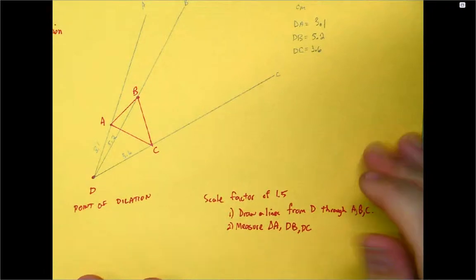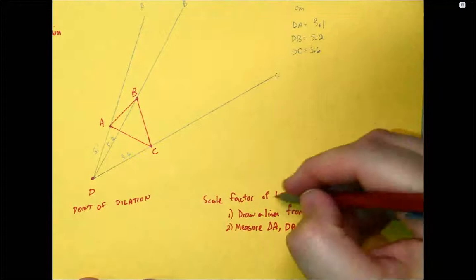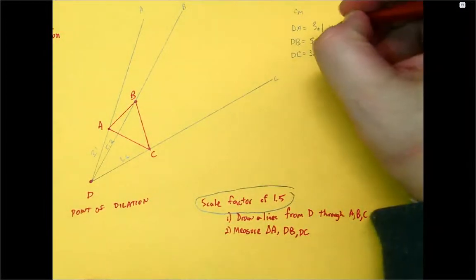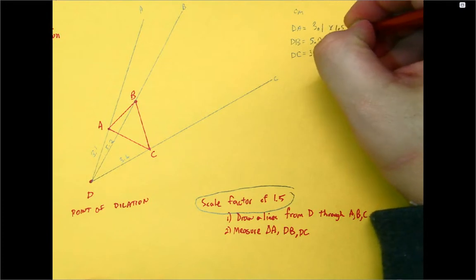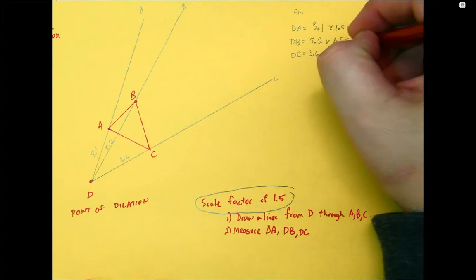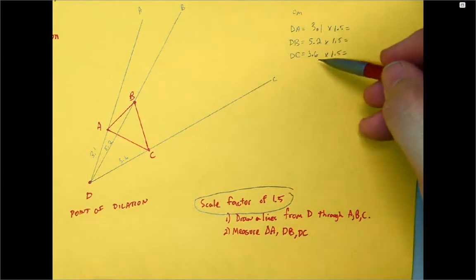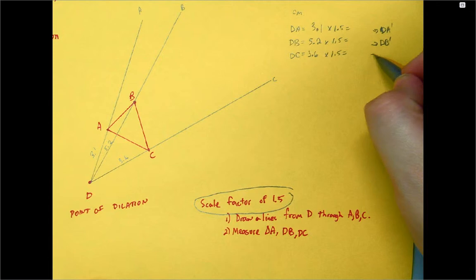Now what we want to do is, because our scale factor is 1.5, I want to multiply this by 1.5, multiply this by 1.5, and multiply this by 1.5, and get the answers for this, because this is going to get me to DA prime. The second one is going to be DB prime, and the third one is going to get me to DC prime.